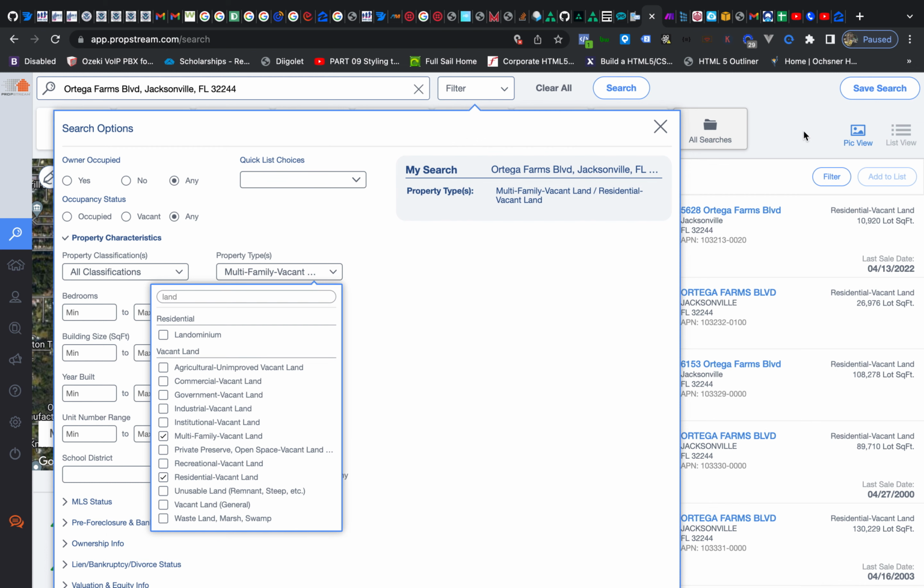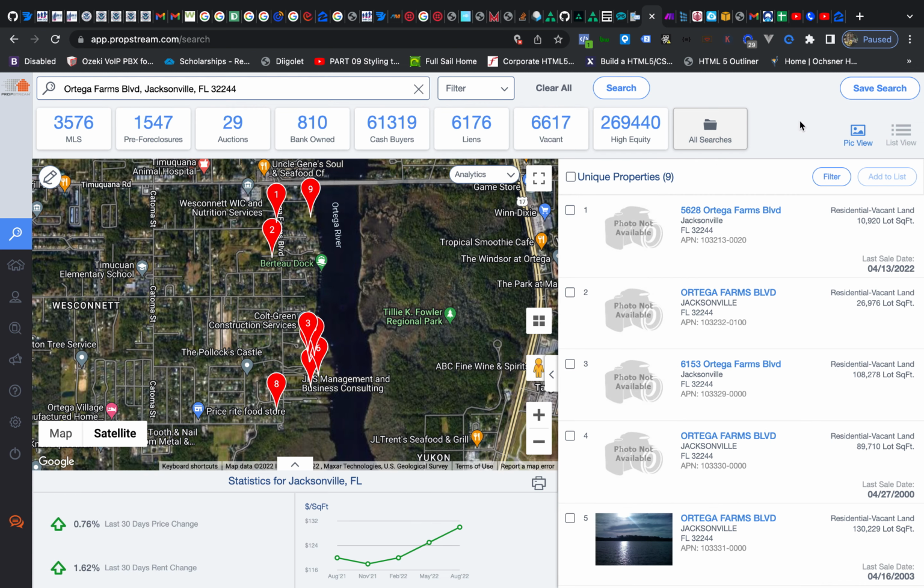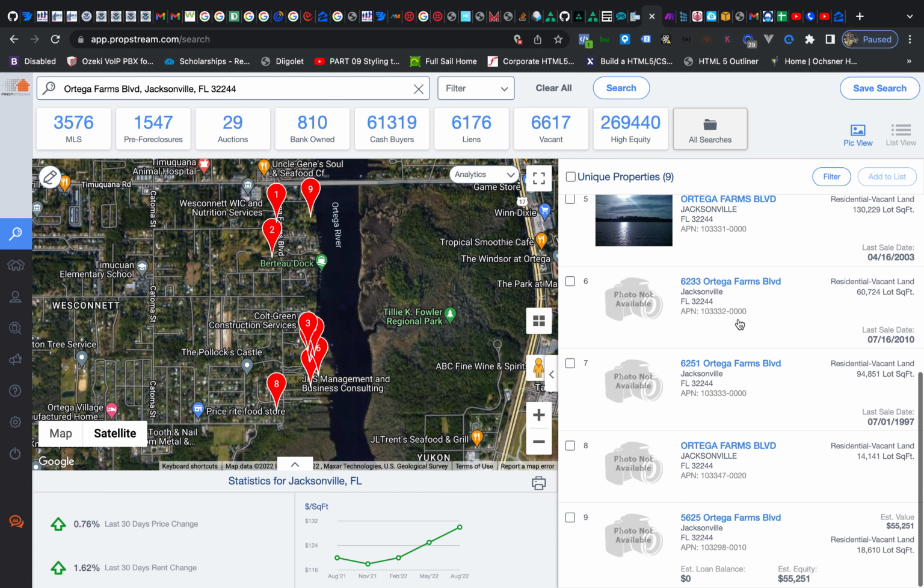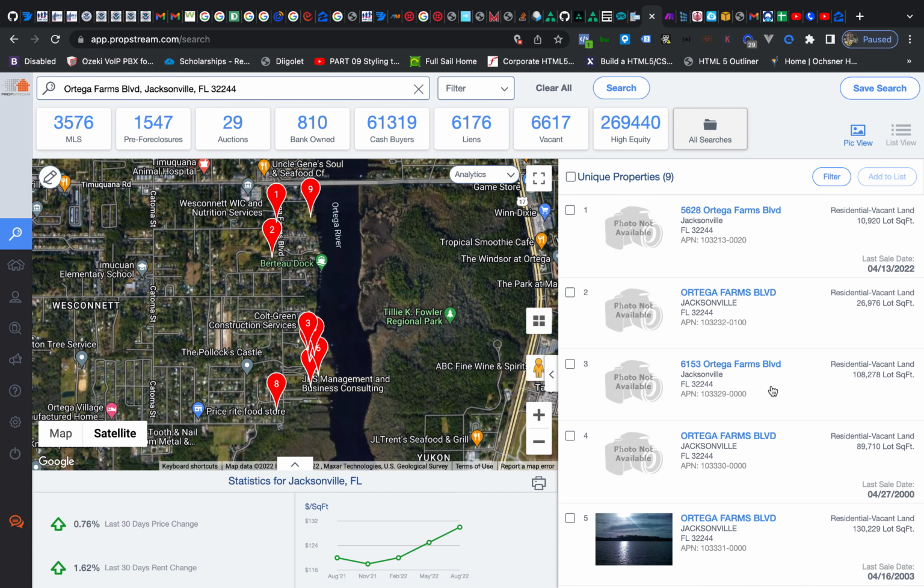Let's select that. So once we select those, that'll give us all the lands that's available in the area. So right now they have about 9 lands.